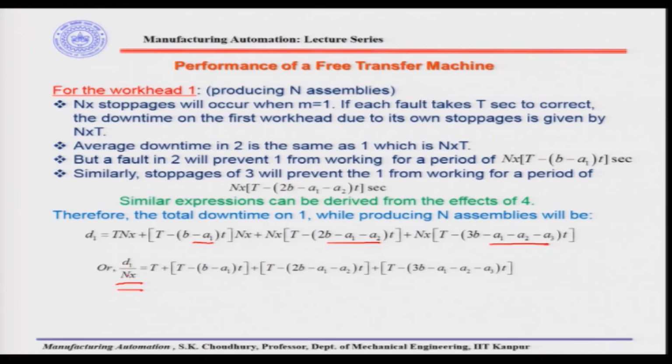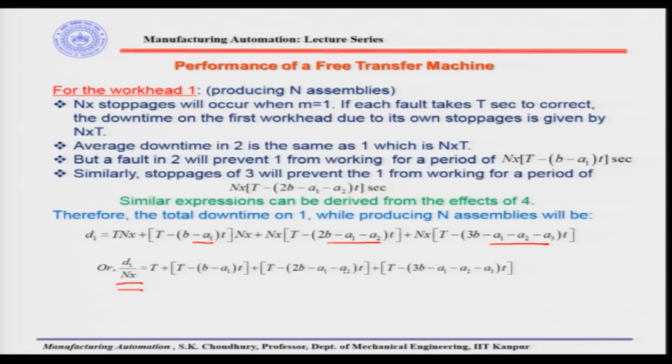So, there will be 4 equations, and those equations can be simultaneously solved to get the values of a1, a2 and a3. When you put these values here, in case there is any negative value in the bracket, it has to be rejected. And then again those 4 equations have to be solved by rejecting that bracket parameter where the value is negative.